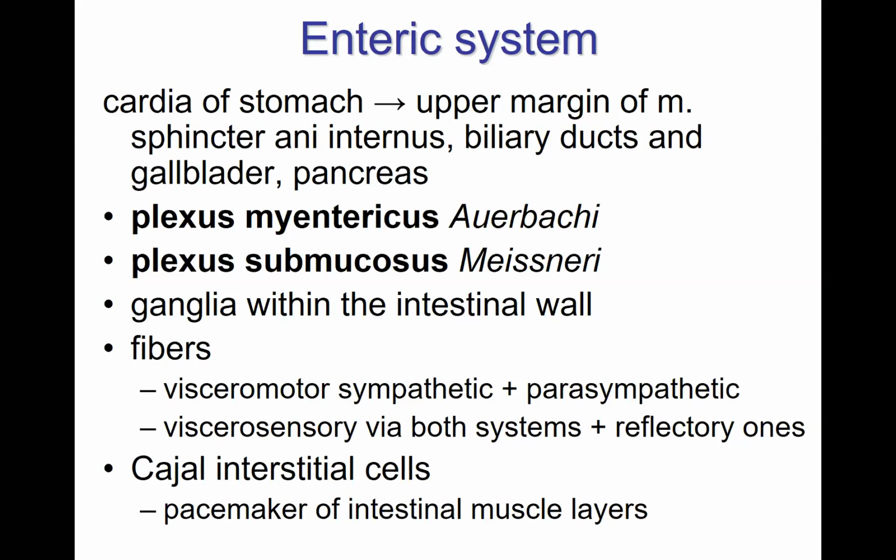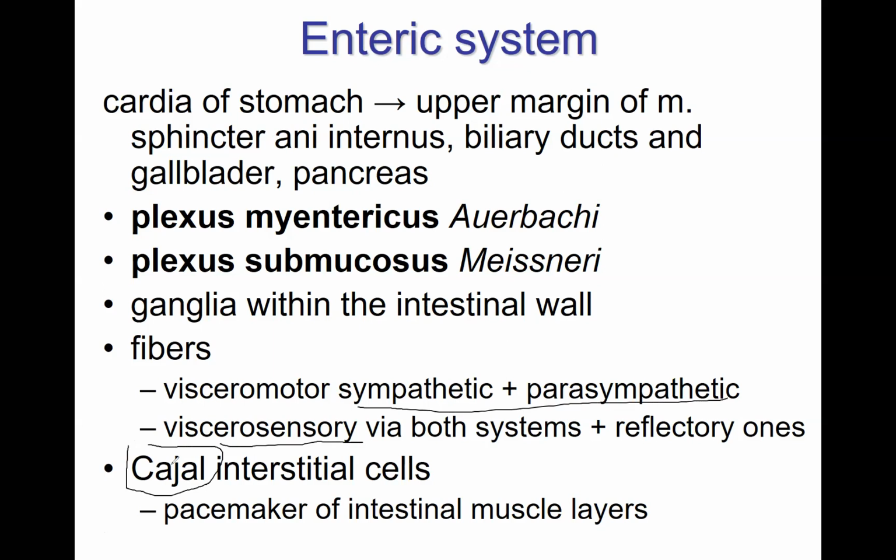The enteric system receives the visceromotor sympathetic and parasympathetic fibers and sends back the viscerosensory fibers, yeah? And the prevertebral and paravertebral ganglia are the ganglia where these fibers meet, and they mediate local reflexes which we do not feel, but they are part of our peristalsis. The peristalsis is then managed by Kachlík interstitial cells, which are the pacemaker cells of this muscle layer.